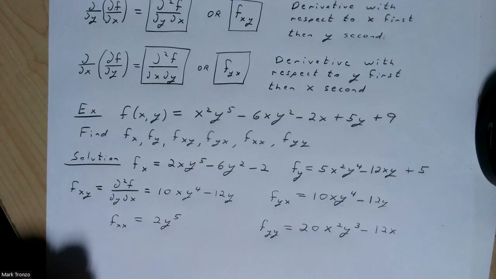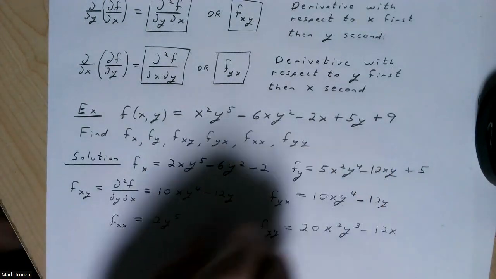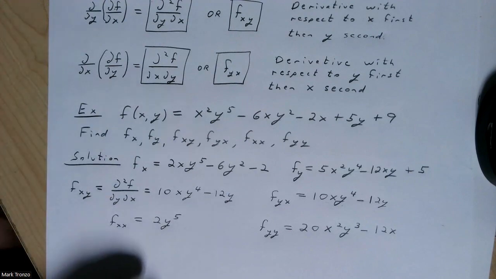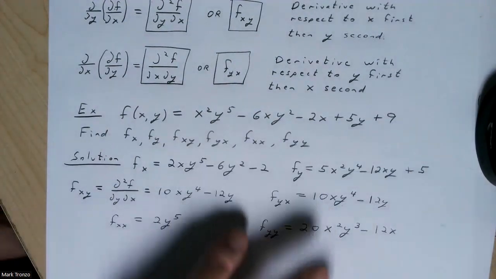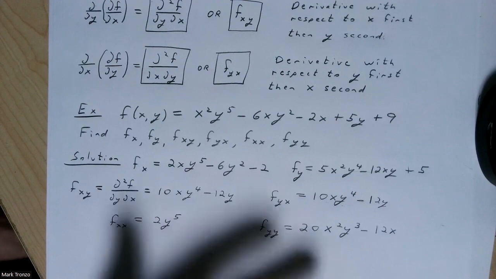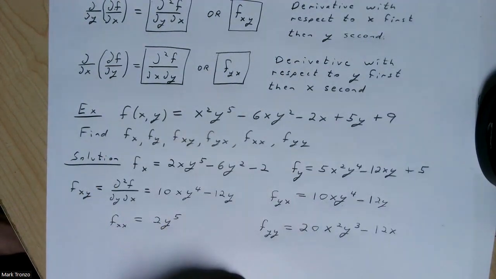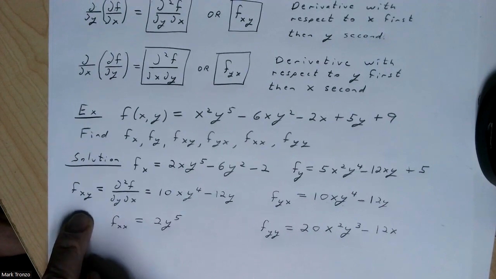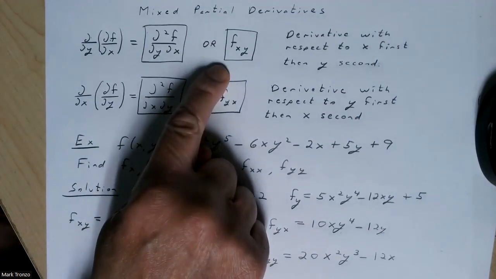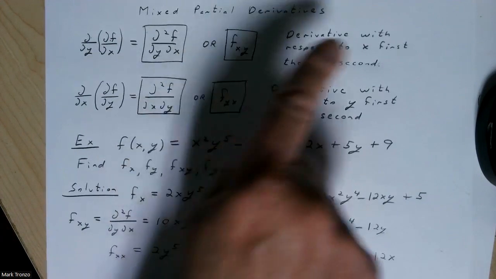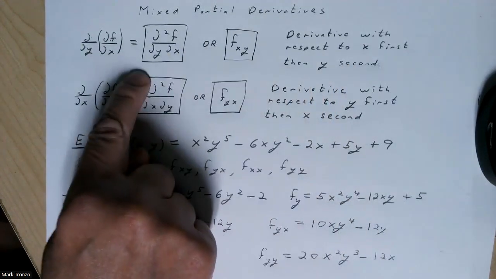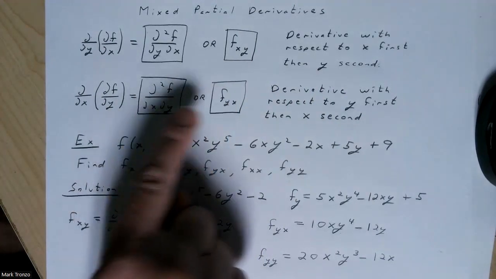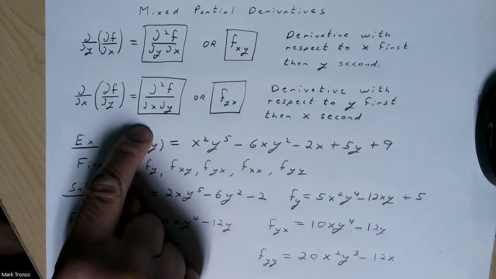Again, more complicated functions, especially if you have products or quotients or exponents, get much messier, but the process is always going to be the same. This notation up here, or this notation, means x first, then y second. Over here, this means y first and x second.